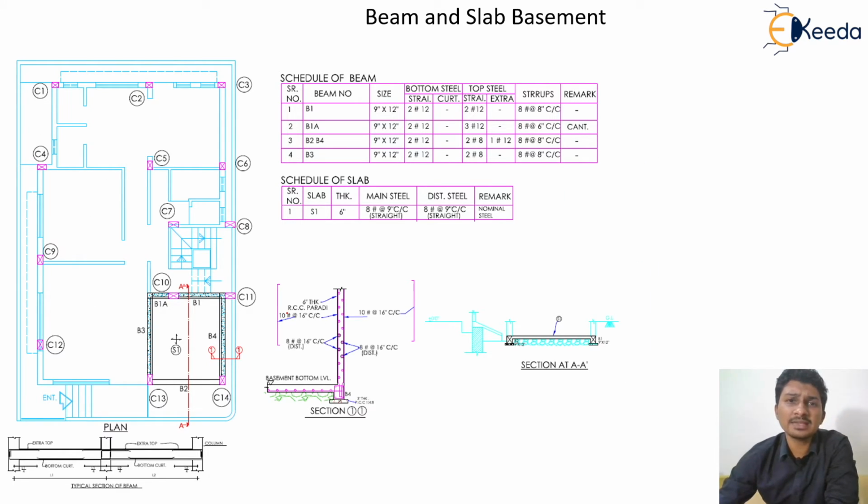The next one is the beam and basement slab, whose details are given with proper illustration. You just need to go through it. I had also put this beam and basement slab on the first page, where it was just for knowing the plan and how it is laid out. Here you can calculate the quantities for the beam and basement slab, going through every detail, such as the size of the beam given.